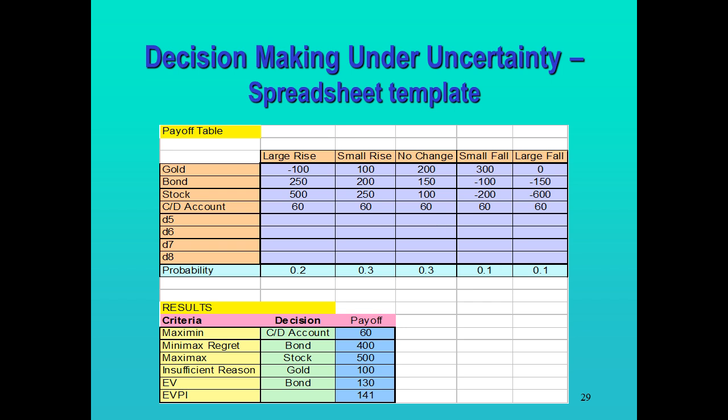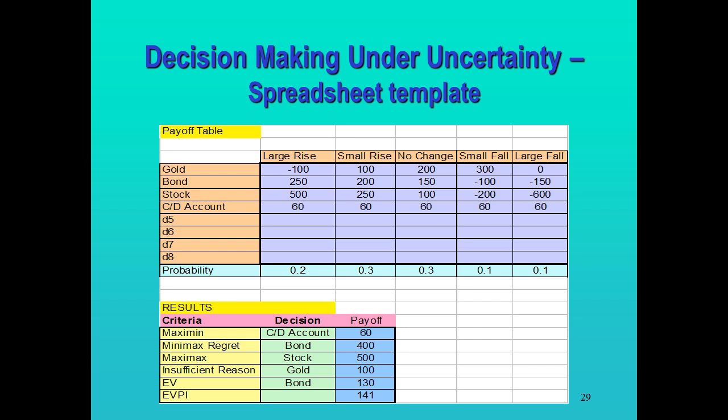Now let us look at this, and you're going to like this as well. If we apply this using Excel, now I'll tell you what, we'll do Excel after a break. What I'm going to do though is put up here a payoff table, and just so that I'm sure you understand it, I would like you to apply those 4 criteria to it. Let's be boring here, and I'll just say decision 1, decision 2, decision 3.